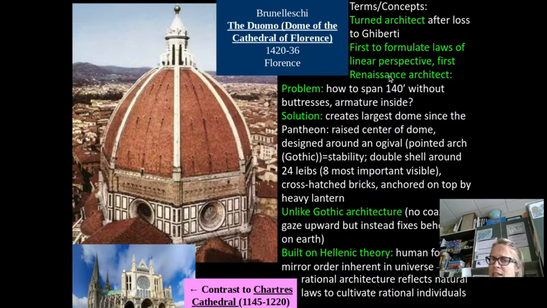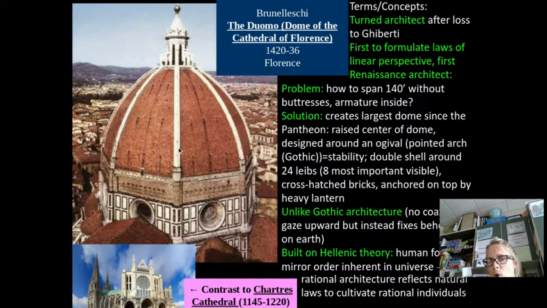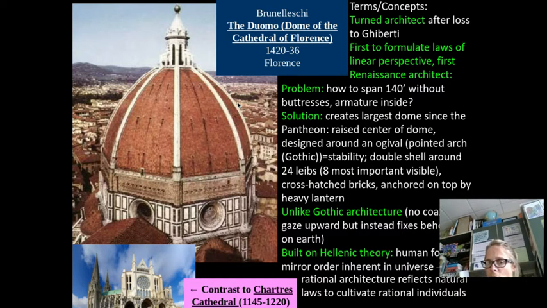What he did is he raised the center of the dome and designed this ogival pointed arch system with a double shell. So there are two shells here that have these leaves inside. Eight are visible, which you can see as these white things, but there are more that are hidden by the inner dome.